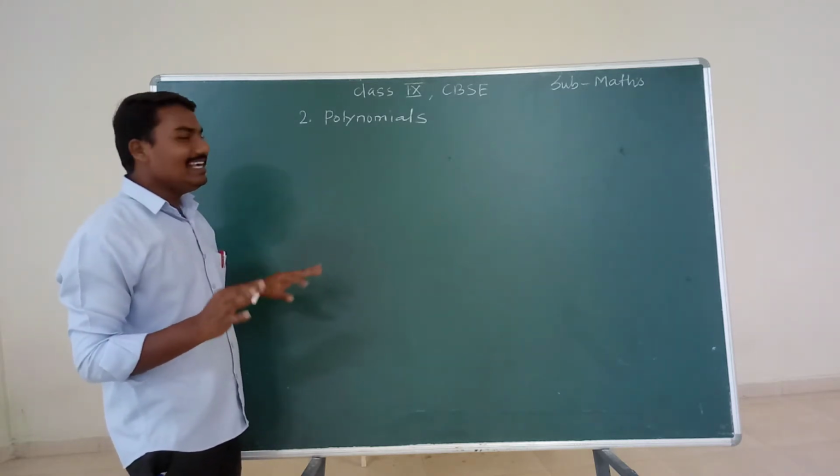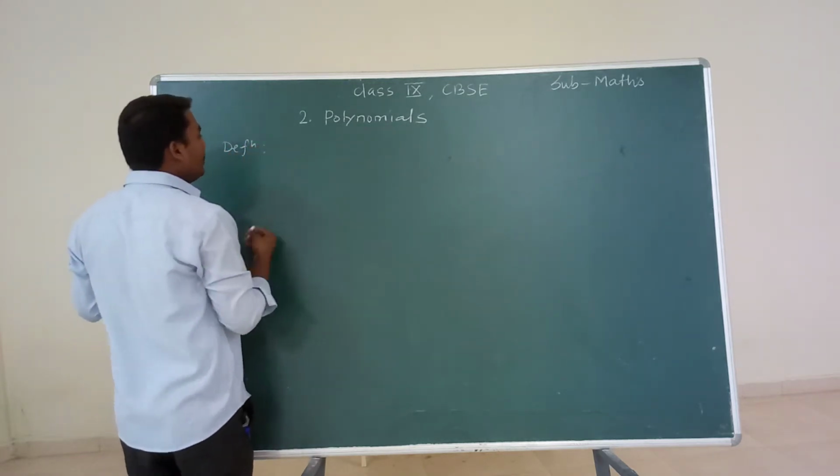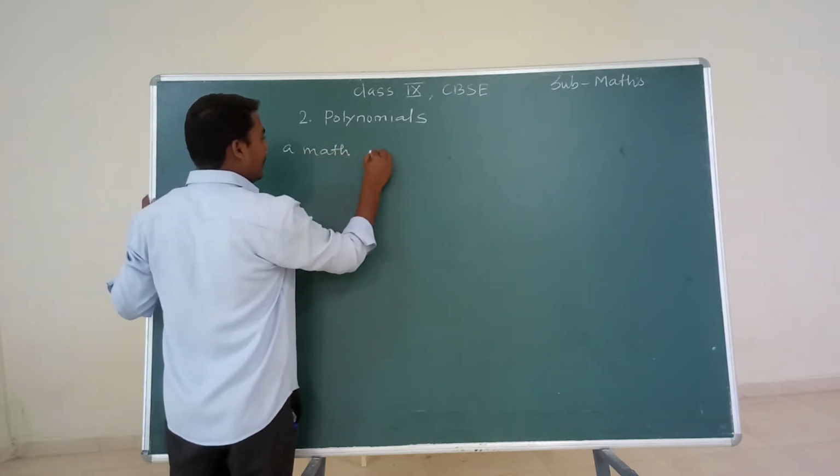So polynomial definition. Polynomial is a mathematical expression.